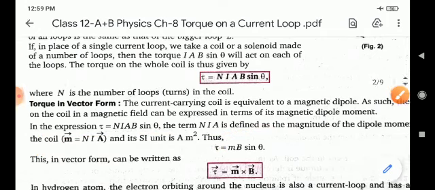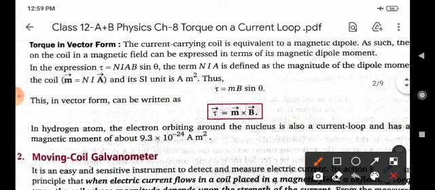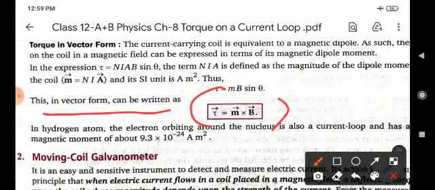Children, this is the representation of vector form, very important. It is the vector form, 2 marks. Torque vector equal to M vector cross B vector, where tau is the torque, M is the magnetic moment, and B vector is the magnetic field.